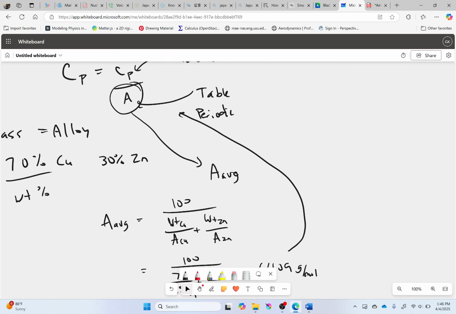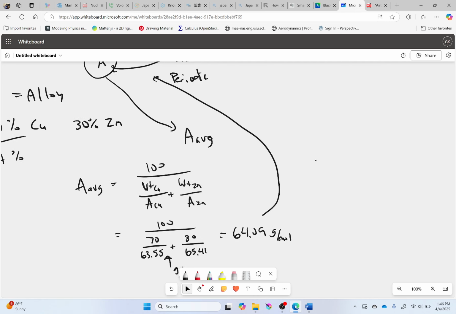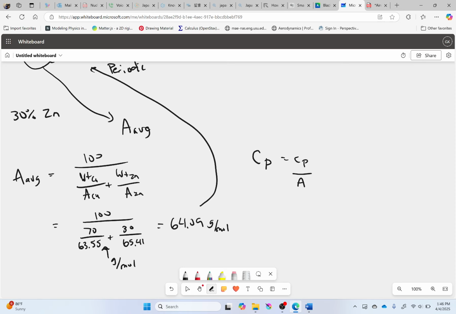Okay, so now I can go ahead and plug this back into my original equation, which I'm going to do right now. So my heat capacity will be equal to my specific heat divided by the atomic weight. The specific heat for brass is, let's see here, yes, 375 joules per kilogram Kelvin.